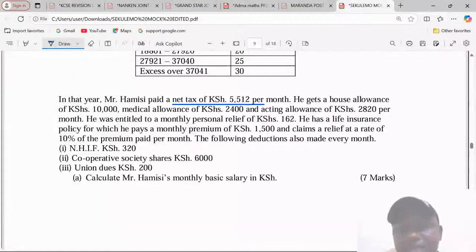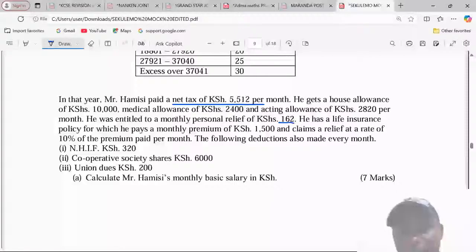Hamisi per month. He gets a house allowance of 10,000, medical allowance 2,400 Kenya shillings, and acting allowance of 2,820 Kenya shillings per month. He was entitled to a monthly personal relief of 162 Kenya shillings.